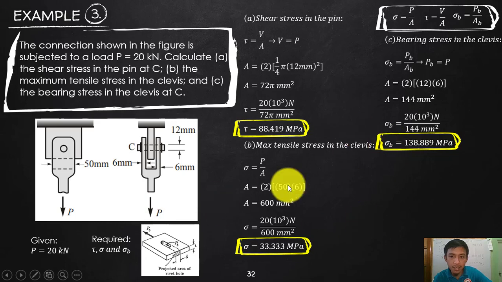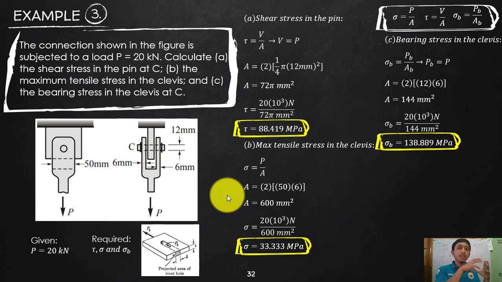But let's say the other way, the given bearing strength of the clevis is smaller than this actual stress experienced, then it will fail because of bearing or tearing within the clevis. Or let's say that the shearing strength of the pin is given, and you compare this which is bigger, then the failure will happen within the shearing of the pin. Okay, so that is how we will relate the actual stresses to the strength.